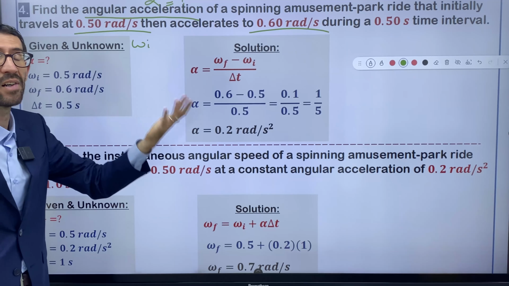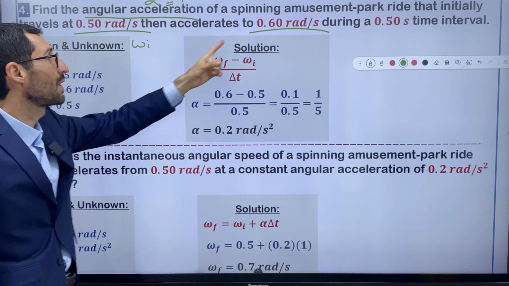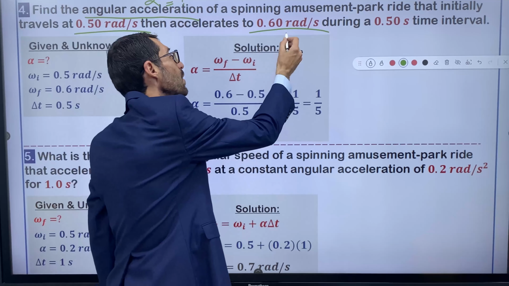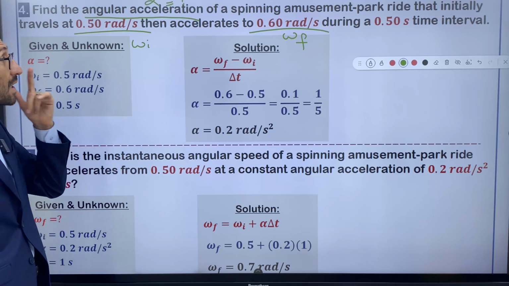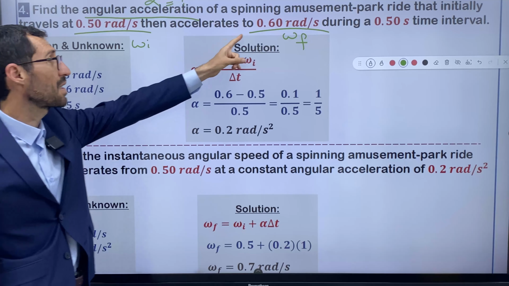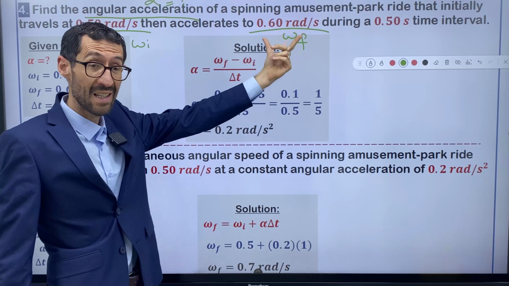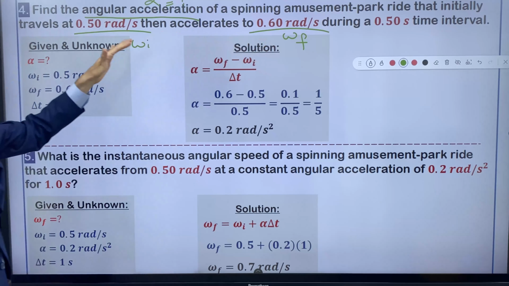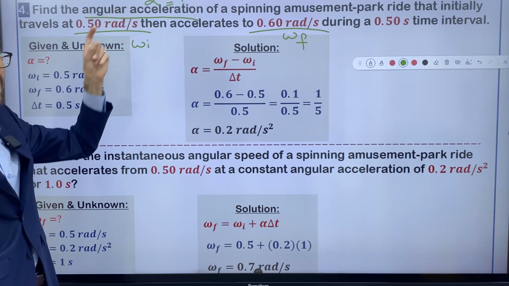It says accelerate, it speeds up. It increases its velocity to this value. That's why this one becomes omega f. Don't confuse. Don't say, teacher, it says accelerates, so this number is acceleration. No, it's not acceleration, because at the beginning of the question it says find the angular acceleration.